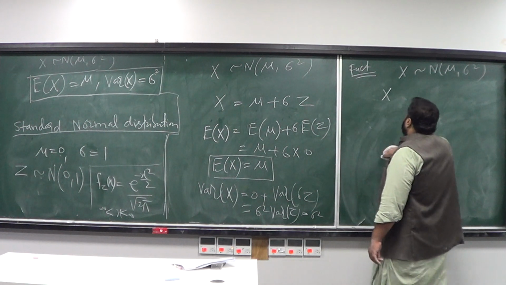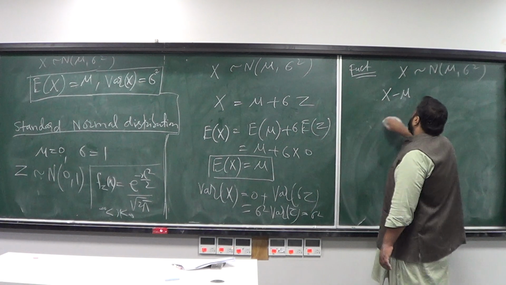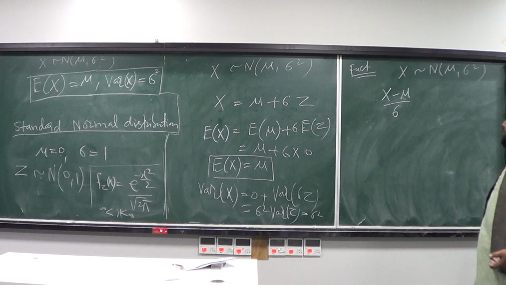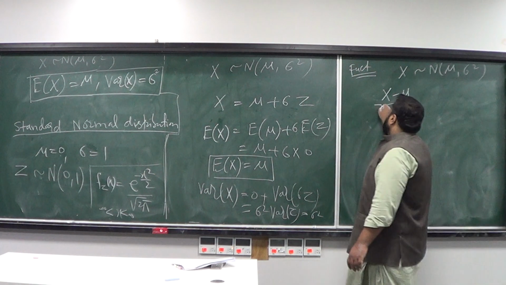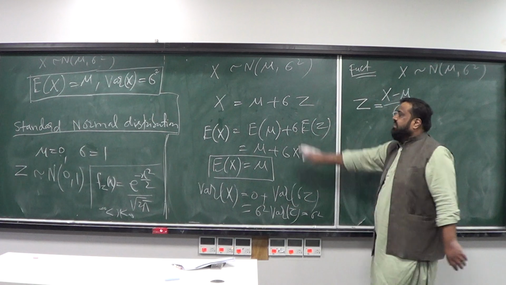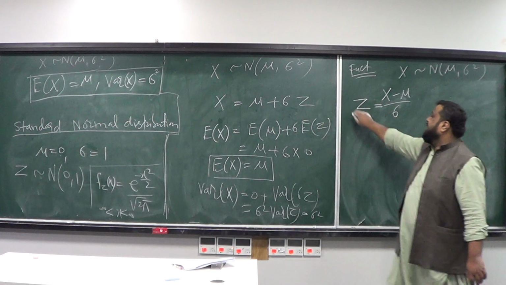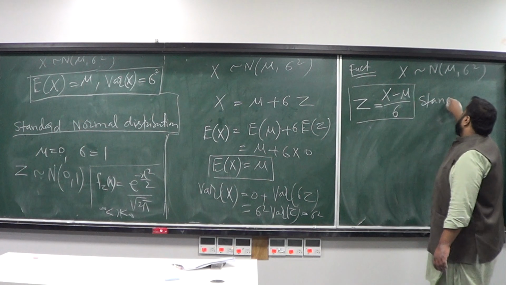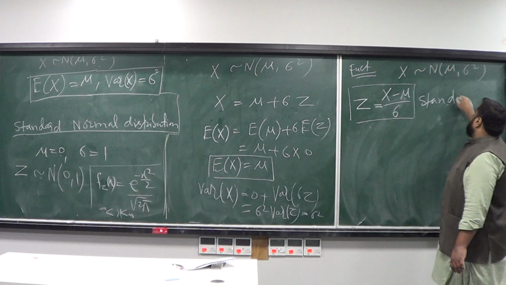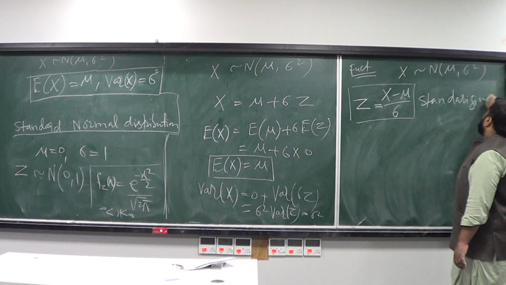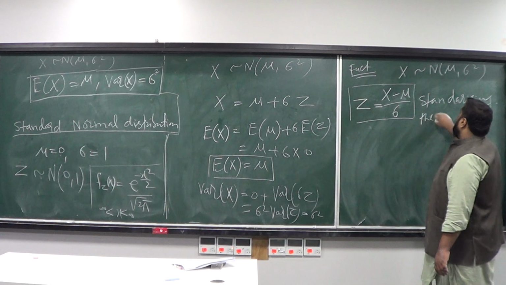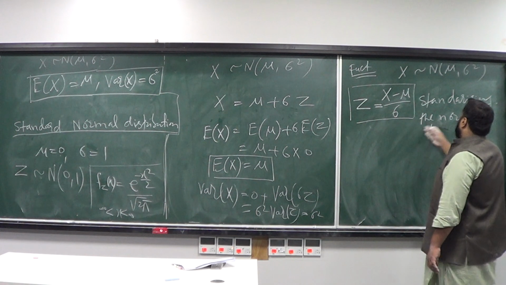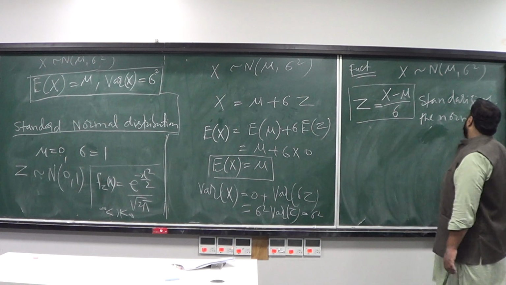What do I mean by standardizing? You subtract mu and divide by sigma, and this would be a standard normal random variable. This is called standardizing the normal random variable.